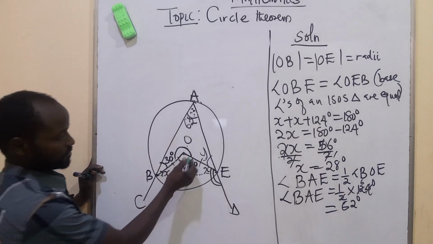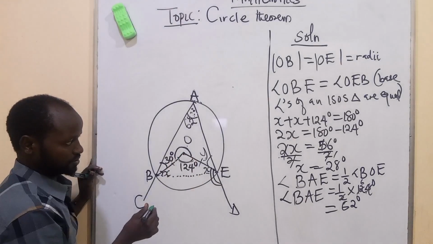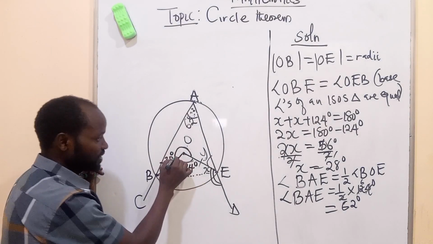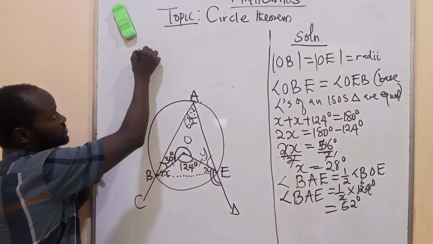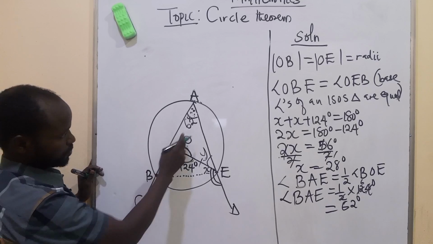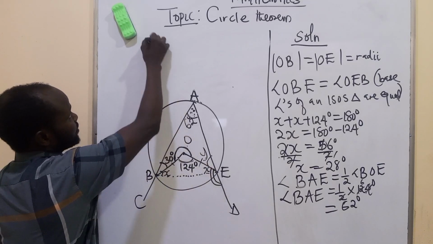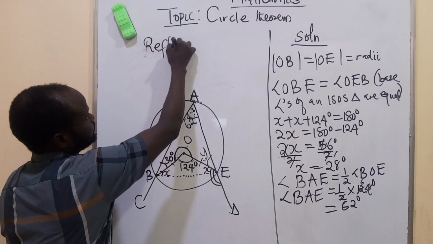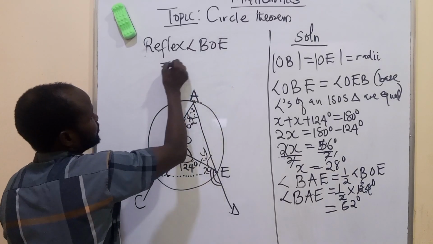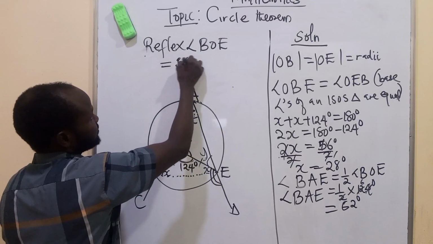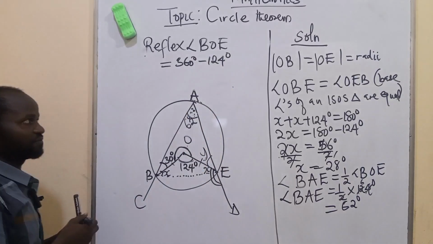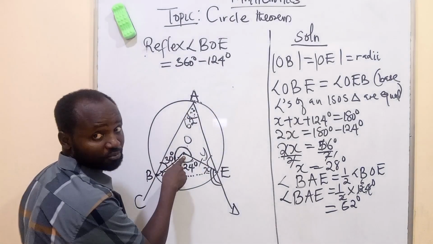Okay, so I'm trying to find the reflex angle here now. To find the reflex angle, you know that sum of angles round this point sum up to 360 degrees. So I can say the reflex angle BOE will be 360 degrees minus 124. 360 means sum of angles at a point.